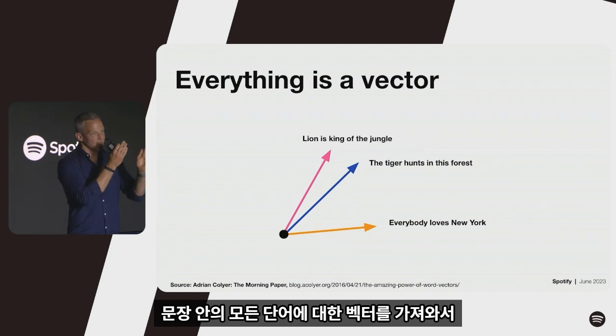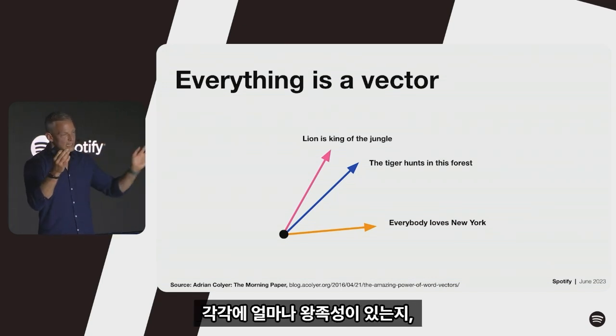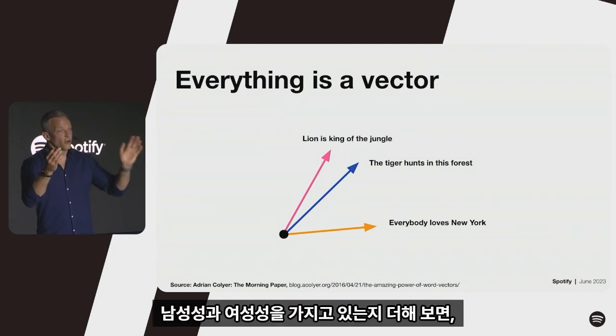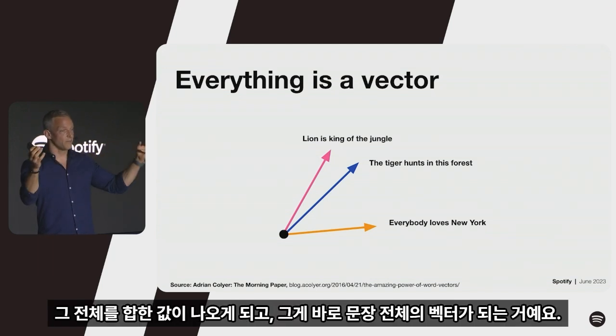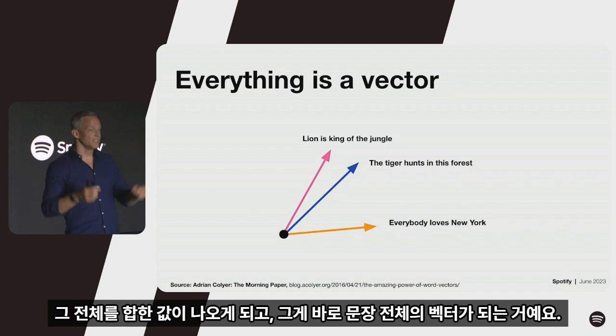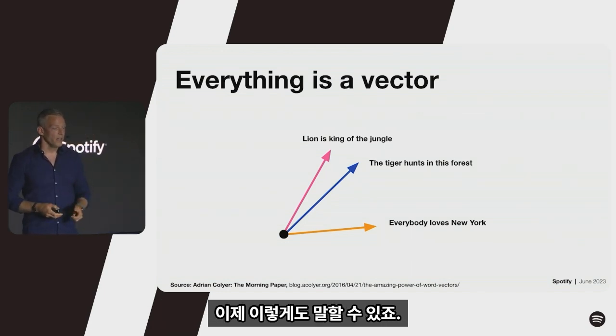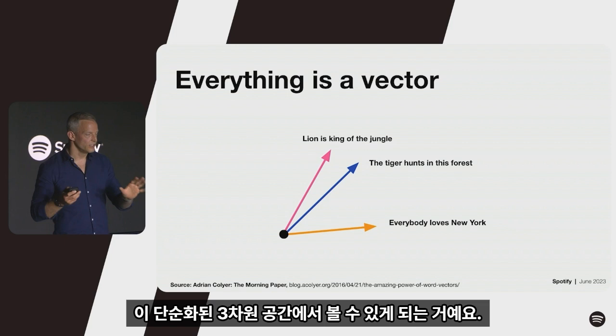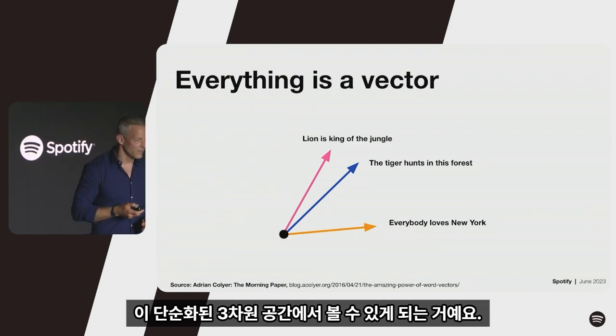If you take the vector for every word in a sentence and sum up how much royaltiness, masculinity and femininity are in all of these words, you get a sum value for the entire sentence. So now you can also say how close sentences are to each other in this very simplified three-dimensional world.